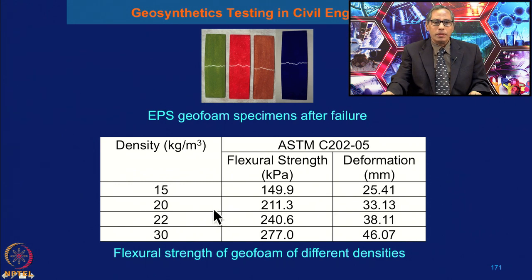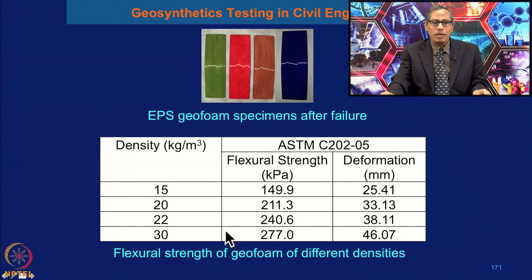When the density is 20 kg per meter cube, then flexural strength is 211.3 kilopascal and the corresponding deformation is 33.13. When the density is 22 kg per meter cube, then the flexural strength is 240.6 kilopascal and corresponding deformation is 38.11.